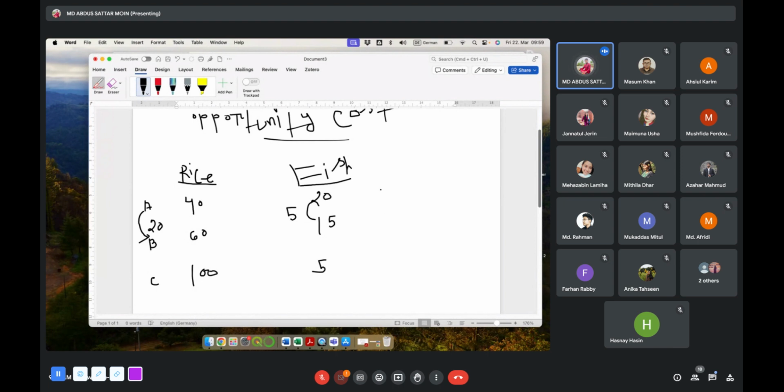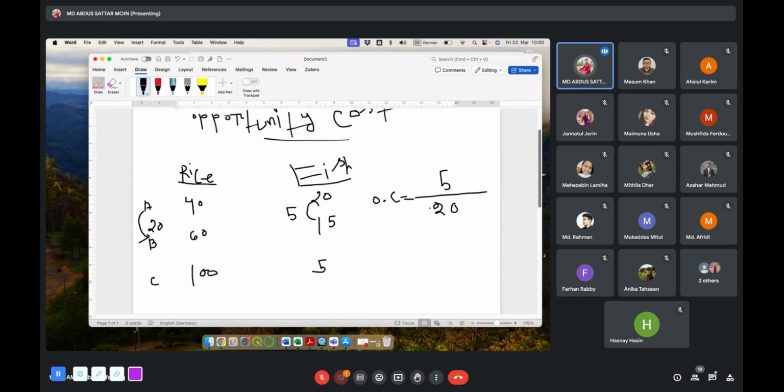So what's the opportunity cost of rice production? Now to calculate that opportunity cost, the formula is: whichever good's production you are increasing, that should be in your denominator. That means rice production you are increasing by 20 units, and fish production you are decreasing by 5 units.